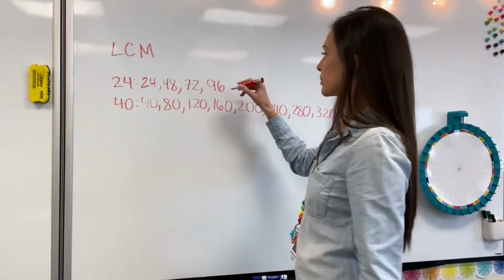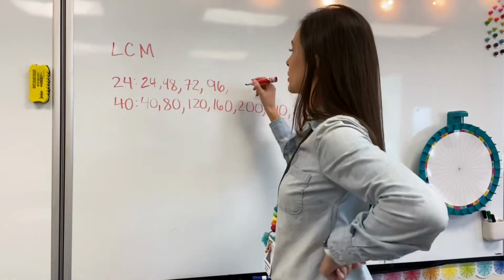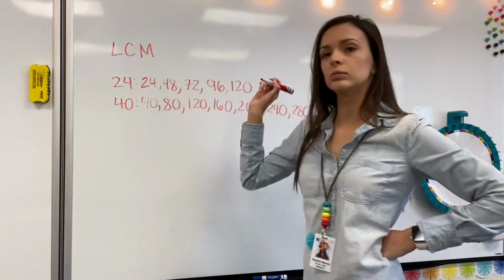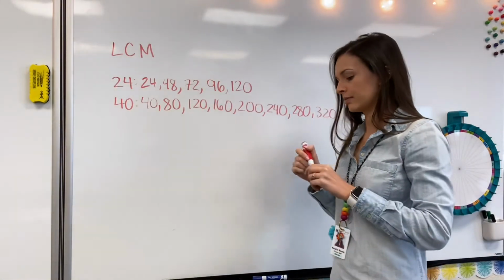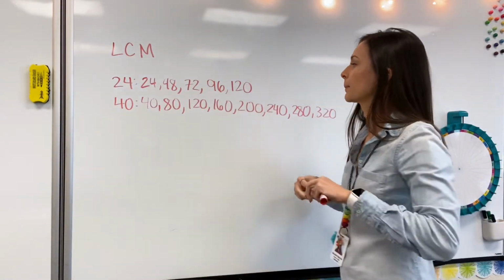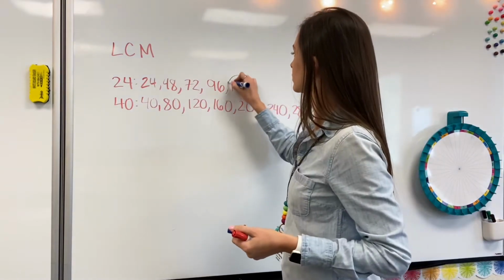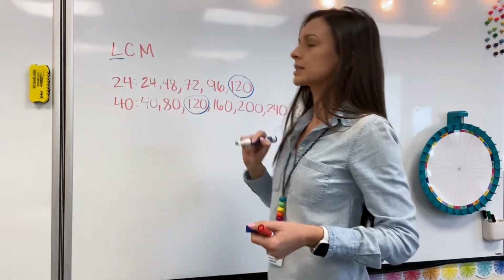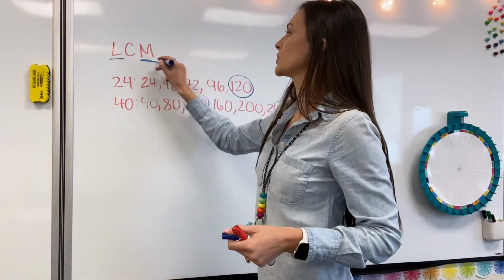So let's double check back in with our 24. So I'm going to add 24. Oh, what are you noticing? 120 would be our least common multiple.